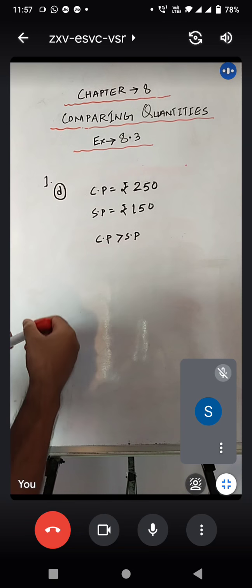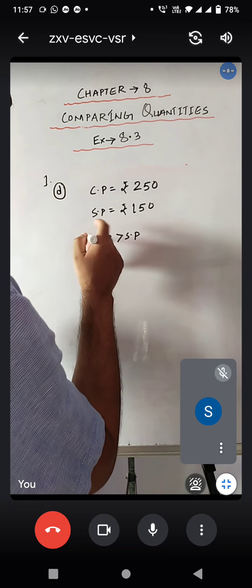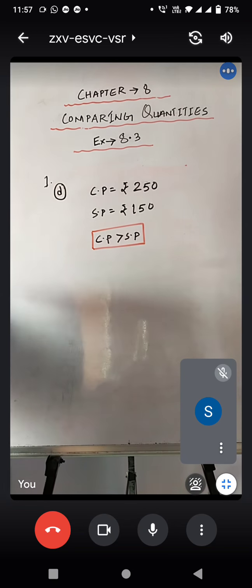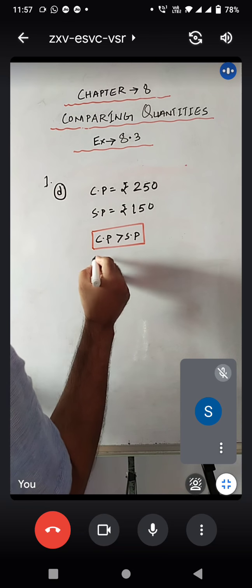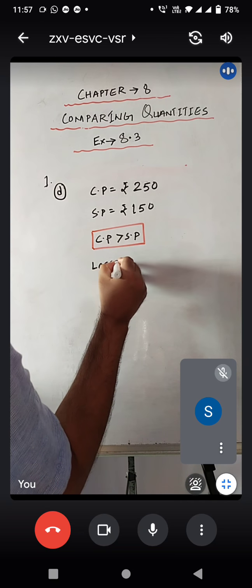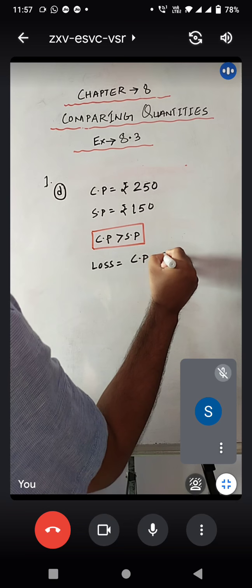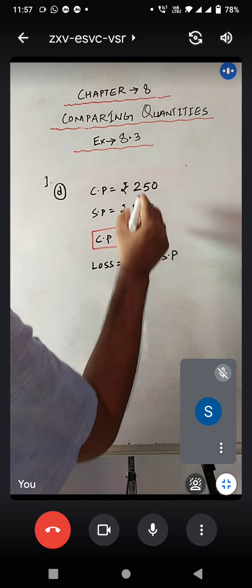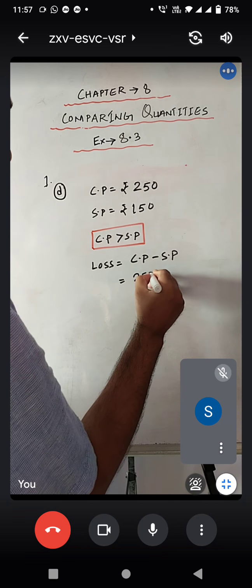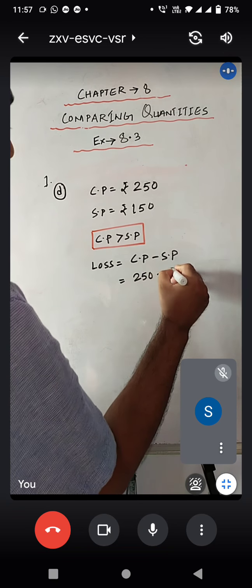When CP is greater than SP, we go for a loss. So we'll write the formula of loss this time. Loss is equal to CP minus SP. CP is 250, SP is 150. So the difference would be 100 rupees. So loss is equal to rupees 100.